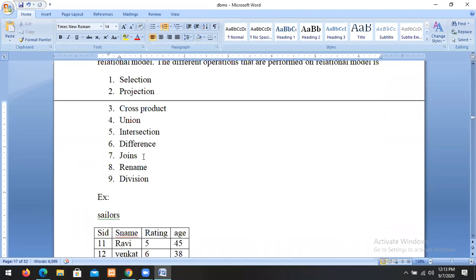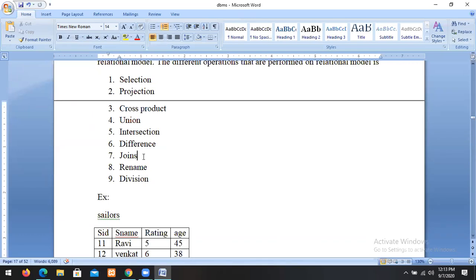There are two types of joins: inner join and outer join. What is inner join? In the case of inner join, only the rows where the condition is satisfied will be selected as output. That's what we call inner join. In the case of outer join, the rows will be selected even if there is no matching row in the other table.